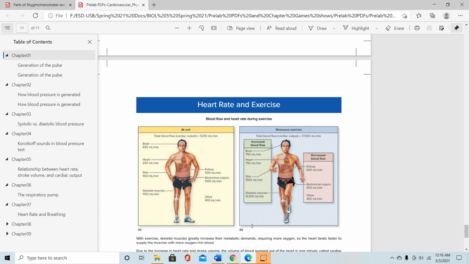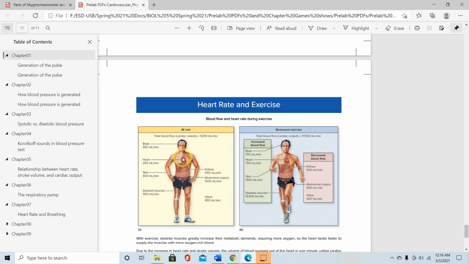Okay. So what is the effect of exercise on our heart rate? Here, blood flow and heart rate during exercise. You have two diagrams here. You can see the total blood flow, which is cardiac output, is around 5 liters, 5,250 milliliters per minute.